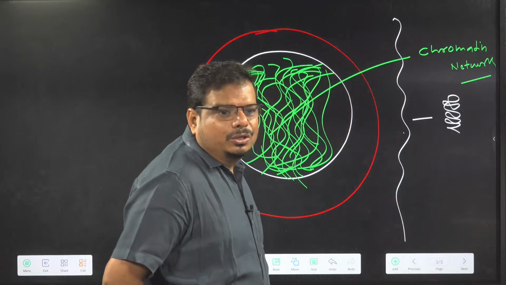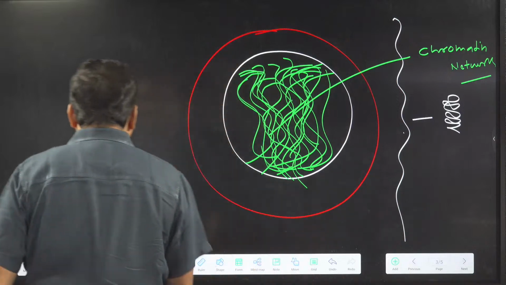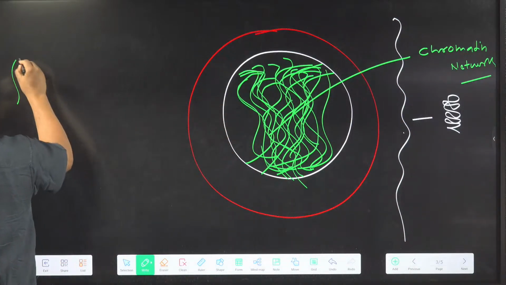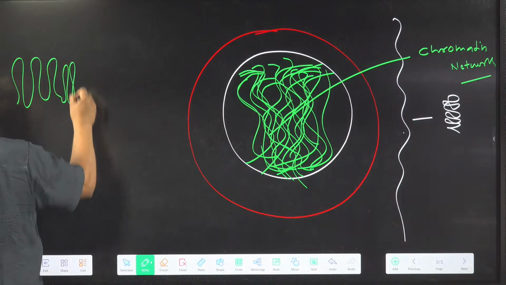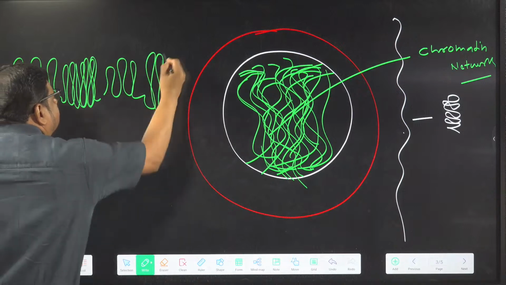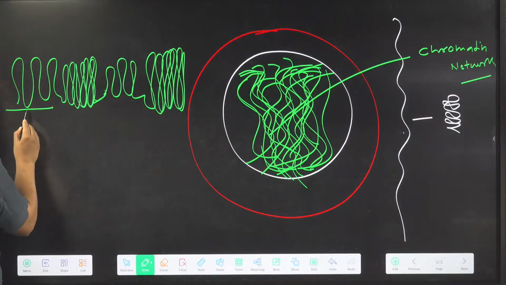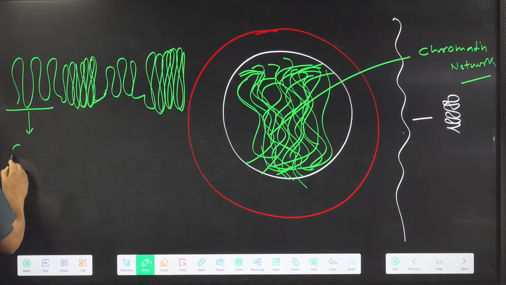Now, I also use the terms euchromatin and heterochromatin. I am just giving you a basic idea. Look here. This less coiled part of the chromatin is called euchromatin.